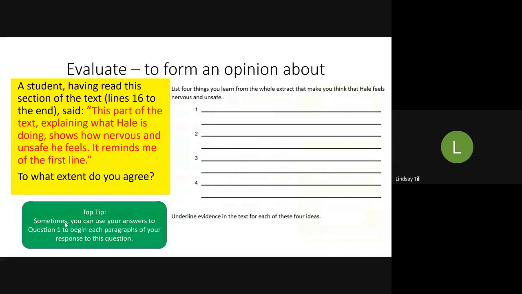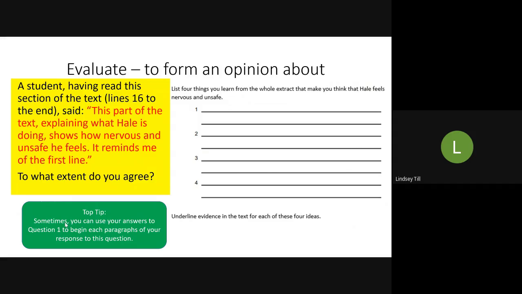So, evaluation: to form an opinion about. A student, having read this section of the text, lines 16 to the end of the Brighton Rock extract in your booklet, said, "This part of the text, explaining what Hale is doing, shows how nervous and unsafe he feels.